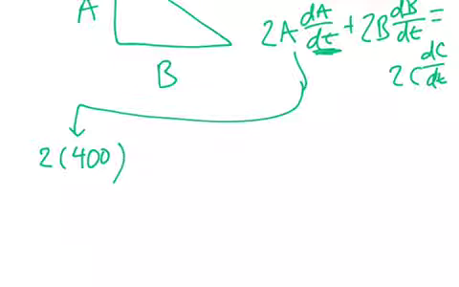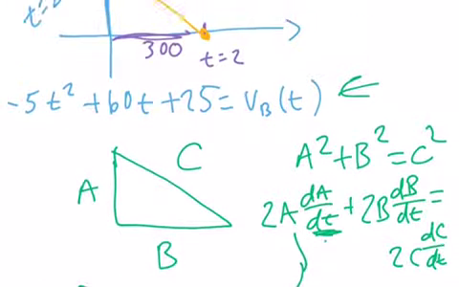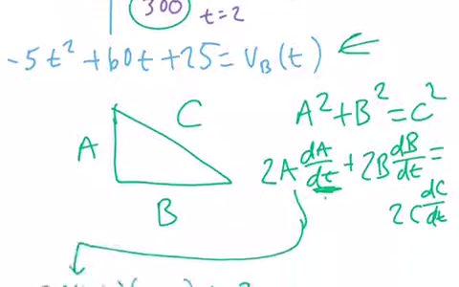Okay, so now I know that that is 125, so we'll go over here. We said 400. We just solved for dA/dt, which is 125. And then we just keep going. So plus 2B. Well, if A represents the distance up, B is going to represent the distance that I go to the right, or to the east. So we figured that out to be 300.